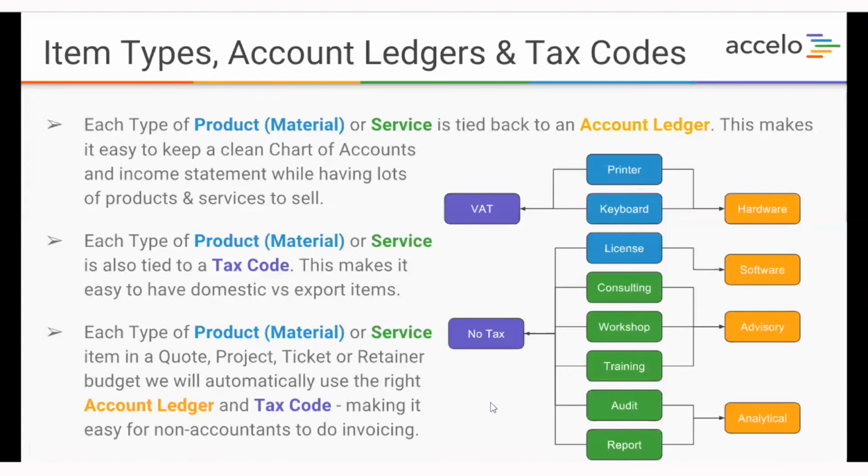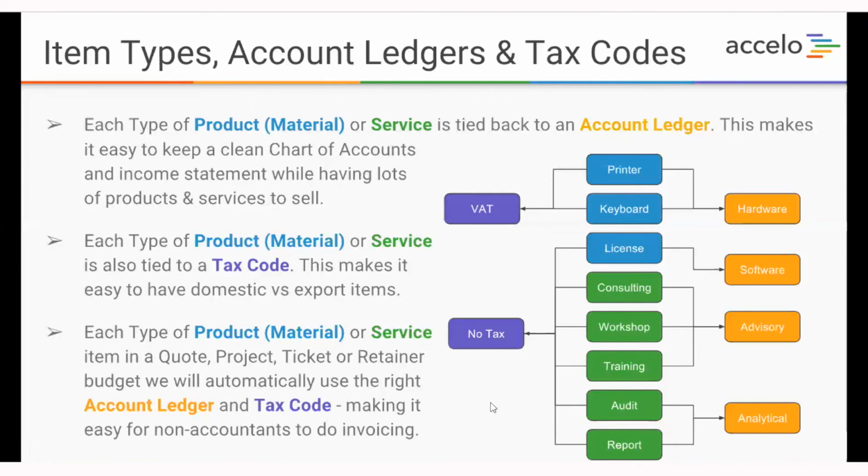But the idea is that the folks who are doing the creation and the invoicing work don't have to be financial controllers or bookkeepers or accountants. Fundamentally, they don't really need to know any of the stuff about account ledgers that live in your accounting system, or tax codes that then become part of how you do your reporting to whichever tax jurisdiction you're in.